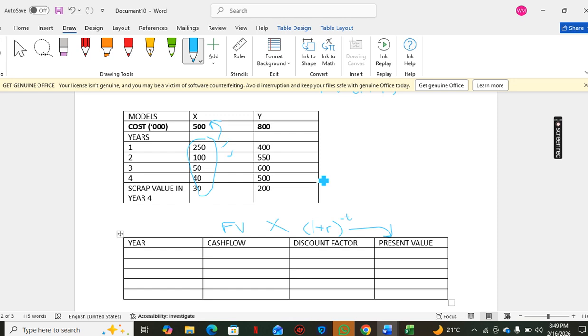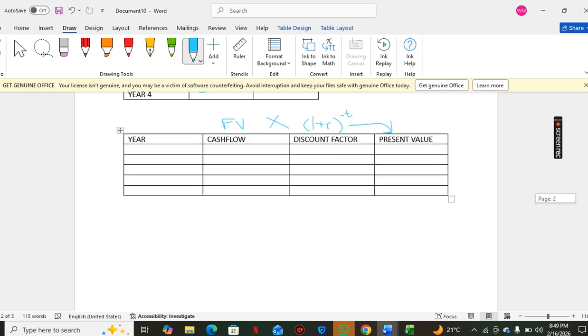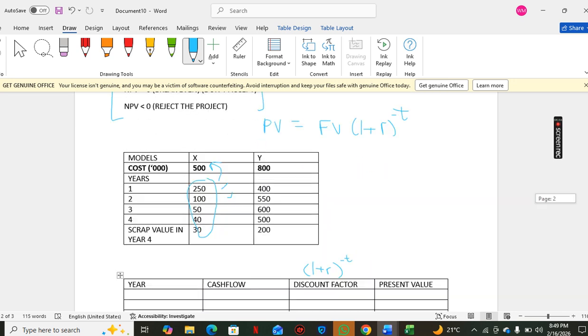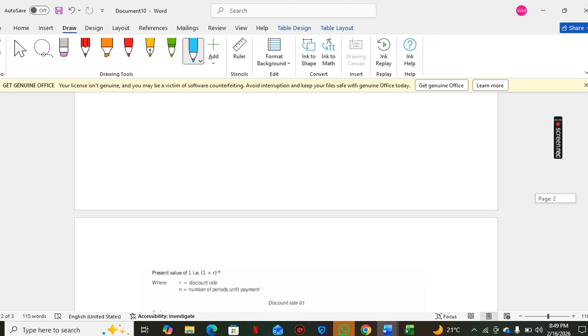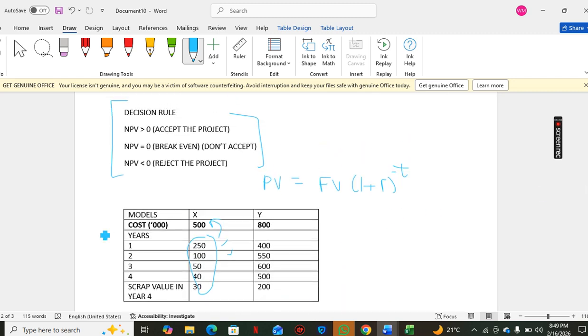So our discount rate is going to be our cost of capital. We did write that down. So I say the cost of capital for this question is 12%. Colleagues, remember the cost of capital is the cost of financing. As a company, you can get financing through debt or through equity.